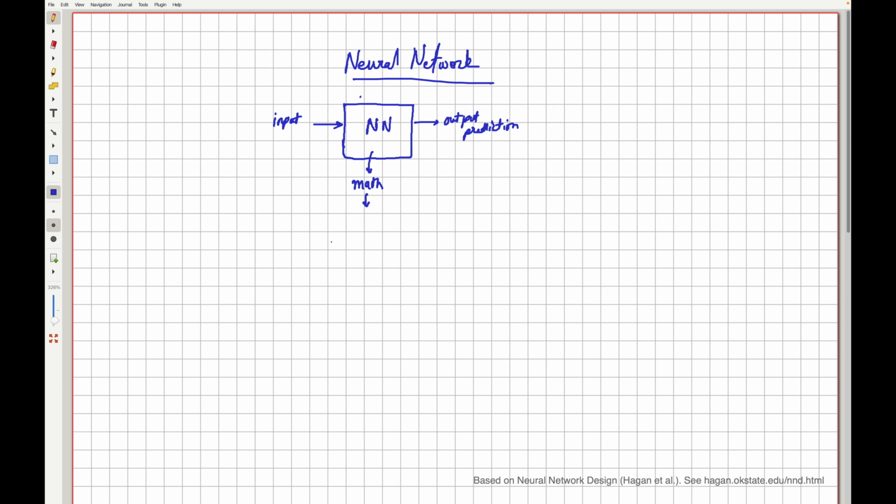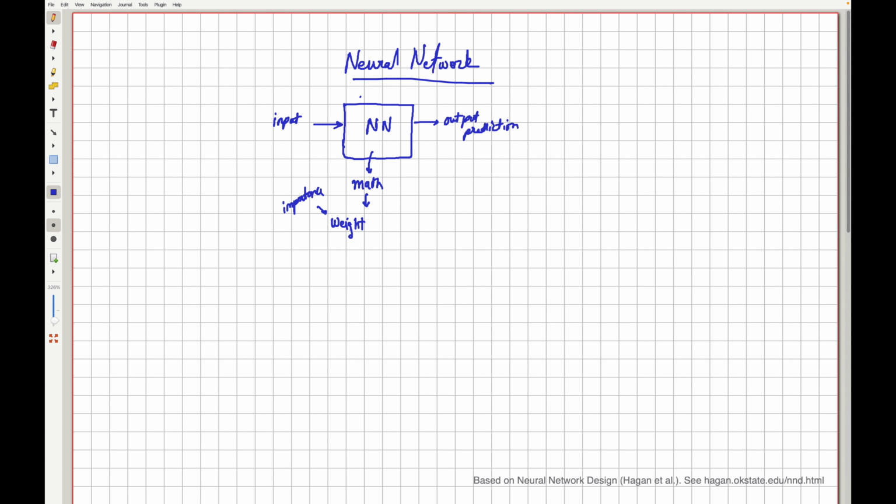is can be as simple as the following. We have some weight associated with each input. So by weight I mean importance, right? So we give some importance to each input. So this is importance.